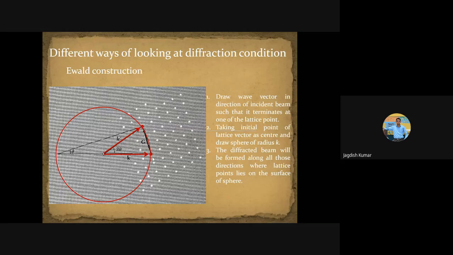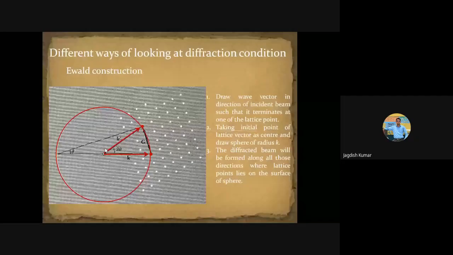And what is this delta k equal to? It is equal to G, the reciprocal lattice vector, because the reciprocal lattice vector is any vector connecting two points in reciprocal space. So this is G.